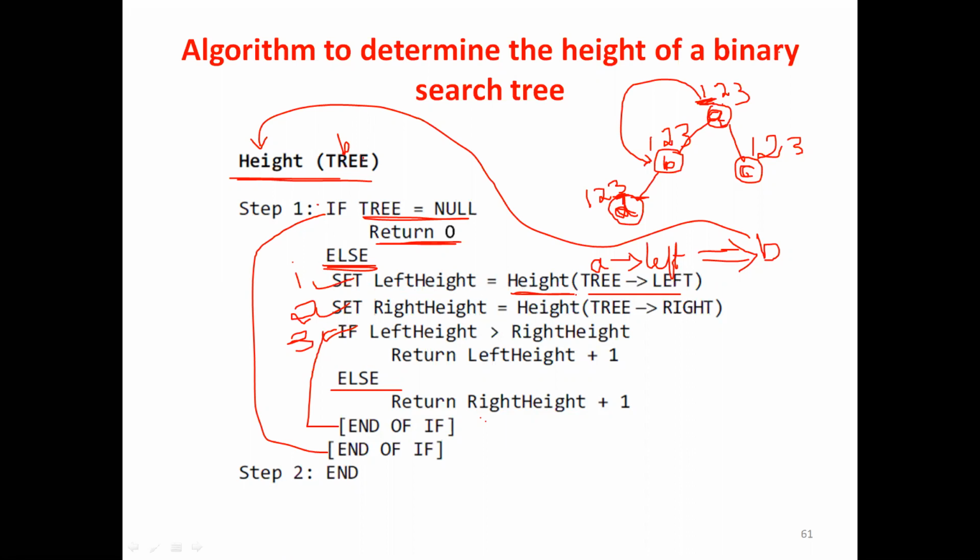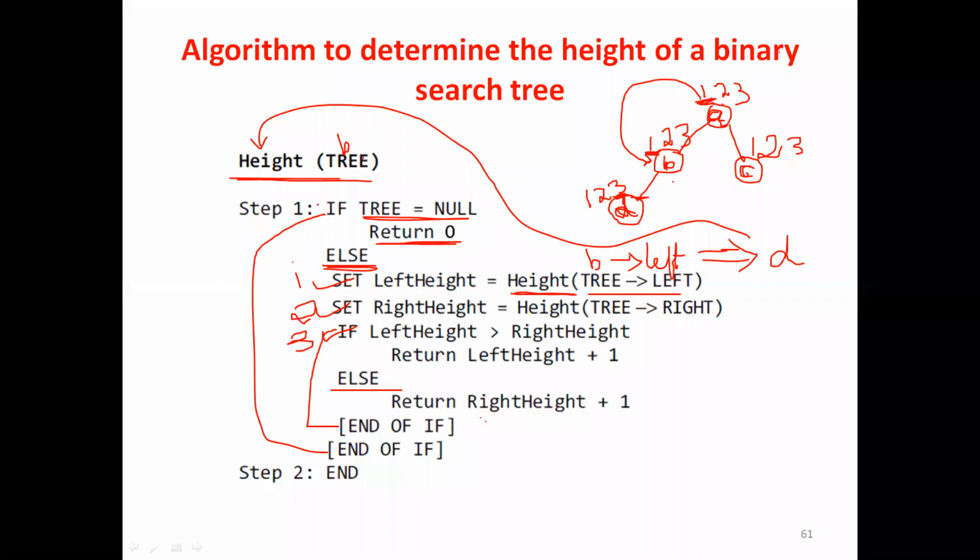Again, I'm calling the same function height with tree left. What is tree left here? Sorry, it is D. Tree is now B, and B left is D. Again, it is calling, so only the first step is executing, not even completed.